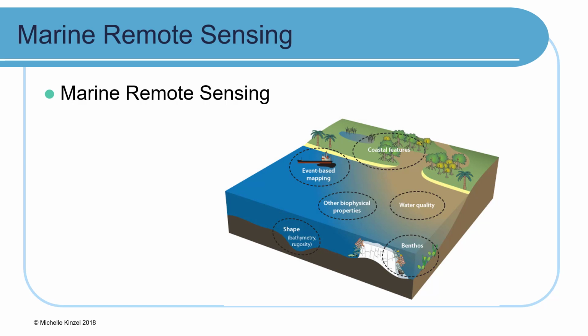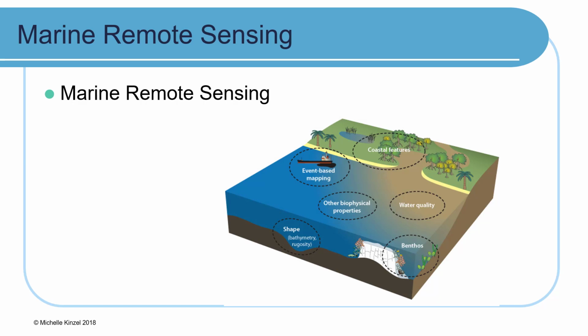Coastal features, in particular, looking at monitoring wetlands and estuaries and mangroves, tracking water quality, which can be determined by using remotely sensed images and looking at plankton quantities, pollution quantities, etc.